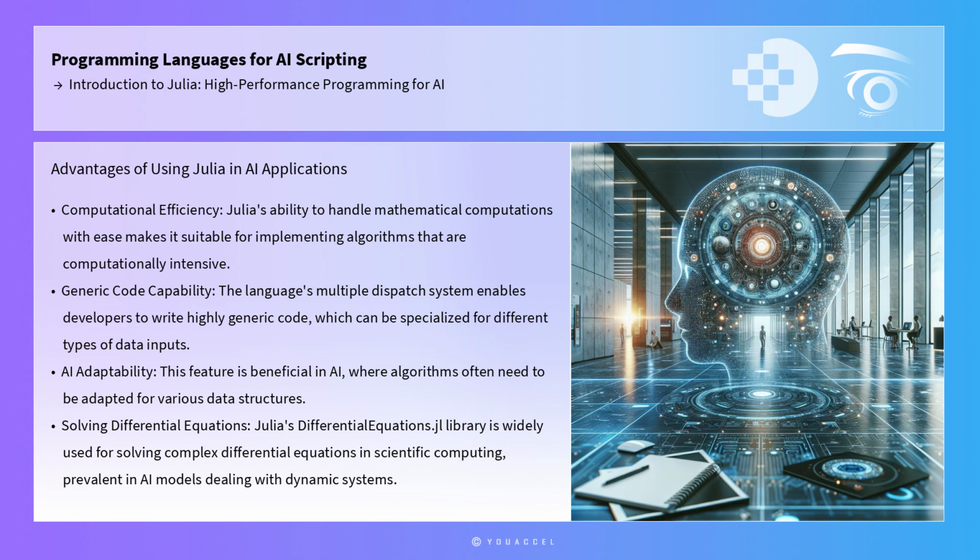For example, Julia's DifferentialEquations.jl library is widely used for solving complex differential equations in scientific computing, which are prevalent in AI models dealing with dynamic systems. By utilizing Julia's advanced mathematical capabilities, AI practitioners can develop more accurate and efficient models for real-world applications.